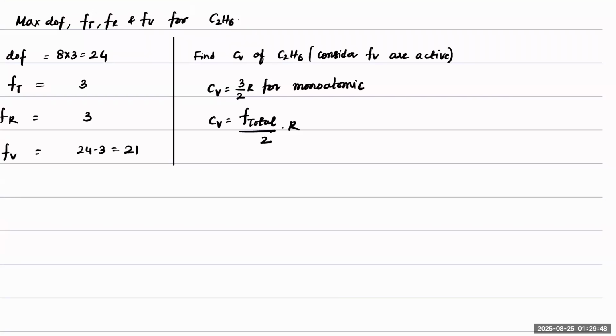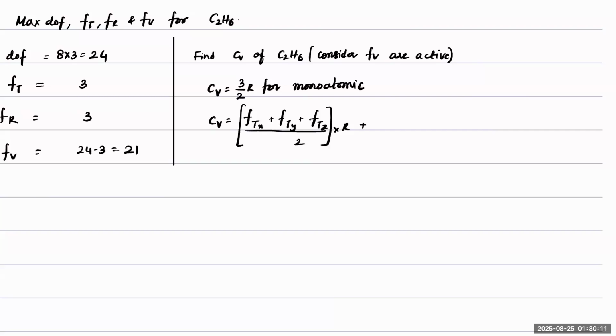But within the total, again, there is a distinction. So what will I do? I will write it this way. Translational in X plus translational in Y plus translational in Z, this total, times R by 2. This is the contribution.